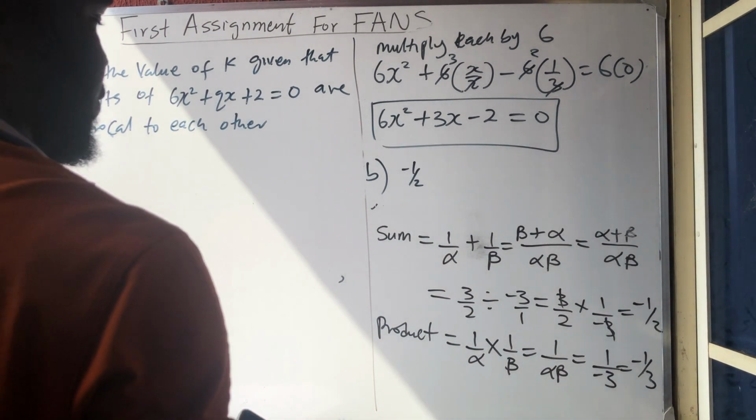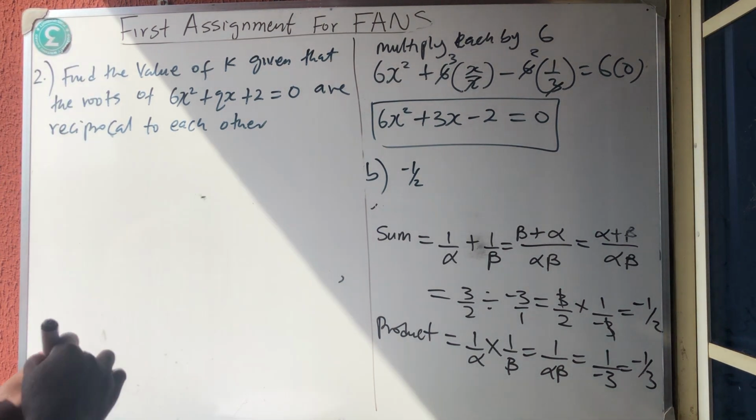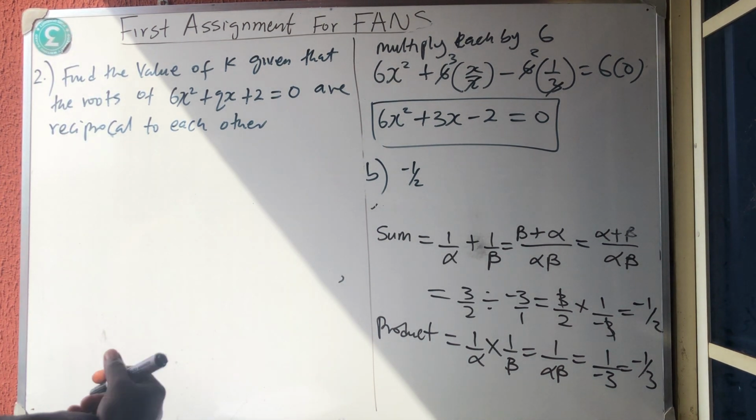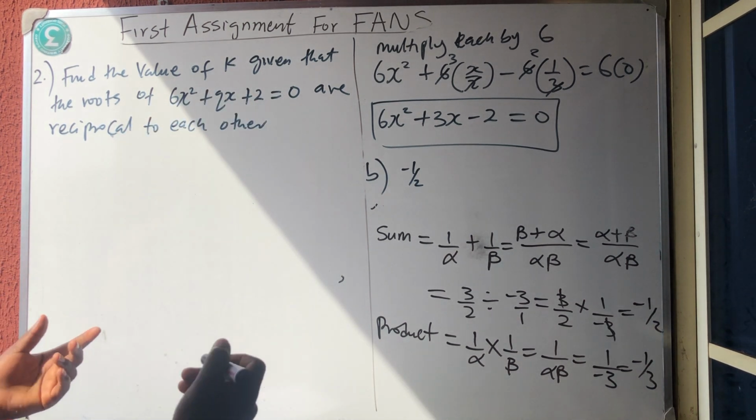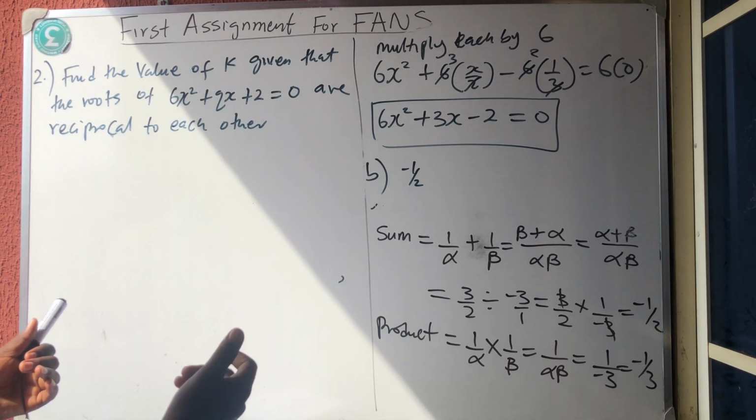Now if you look at this question, you see that there is a mistake somewhere. The question is wrong. They say we should find the value of k, and there is no k in this equation, so the equation is wrong.